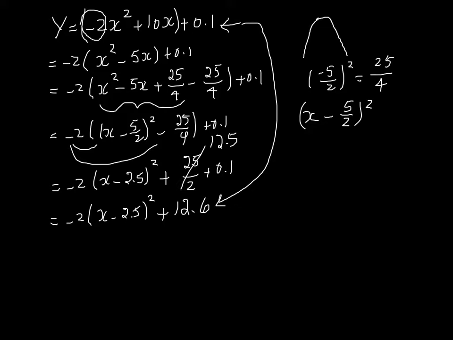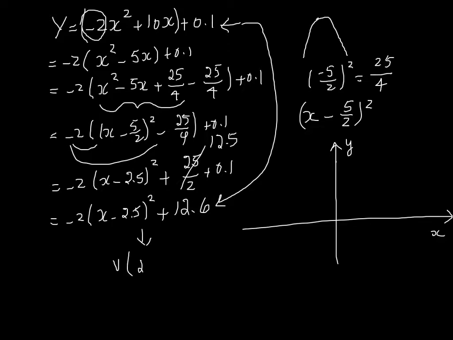Now I'm going to go ahead and roughly graph this equation. So this is going to be my x and y coordinate system. To plot this one, I know the vertex here is 2.5 and 12.6.